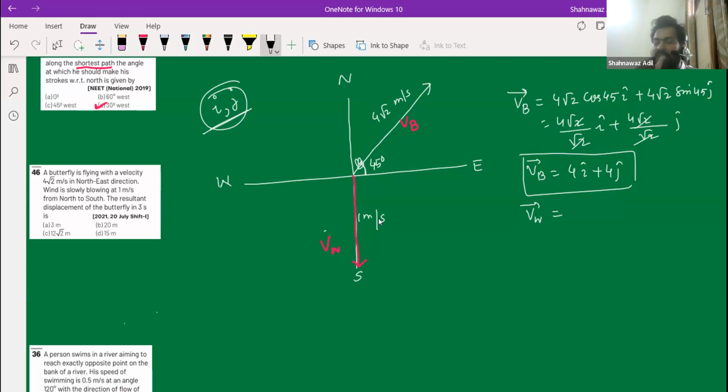Please take a guess, just think about it and tell me the velocity of the wind. We are moving in the y direction, and this is the negative of y. So this would be minus 1 j hat, which is minus j hat, right? Clear?